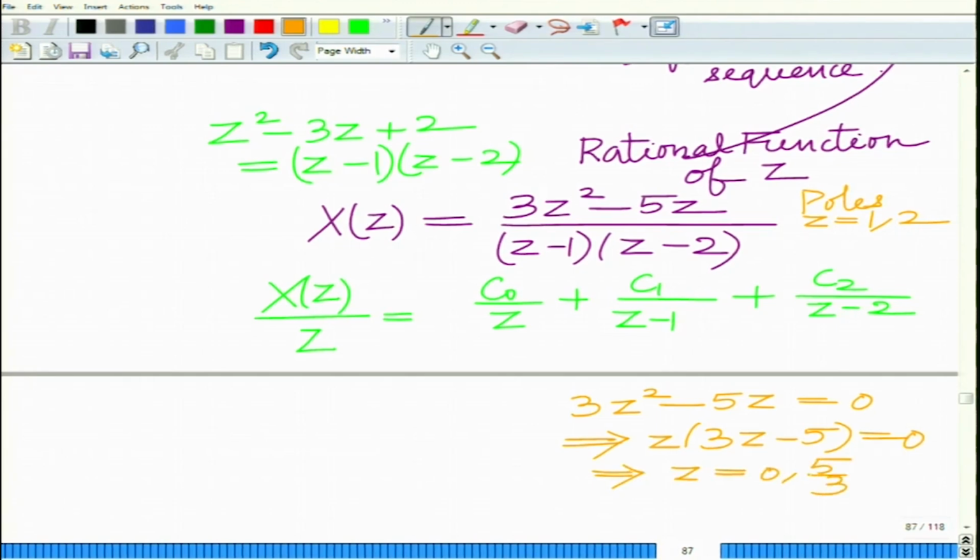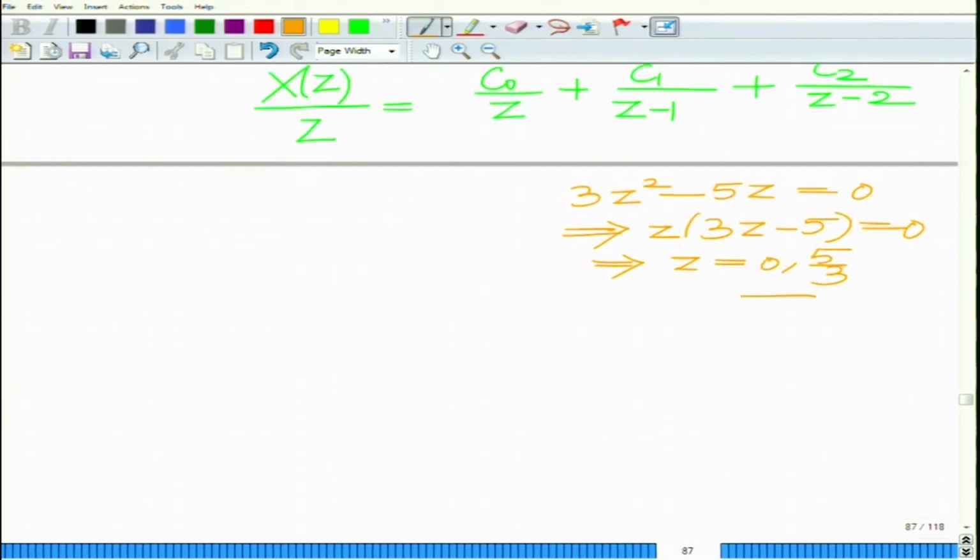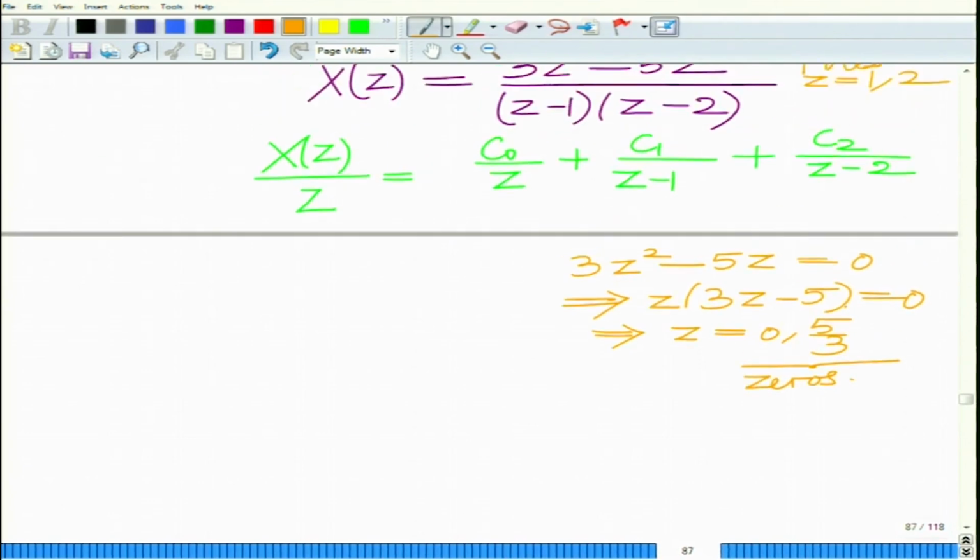So, these are the zeros of the z transform. So, the poles are at 1, 2, zeros are at 0, 5 by 3.